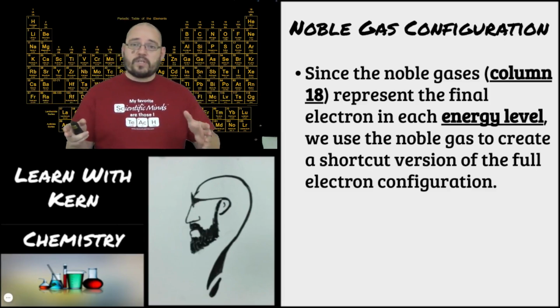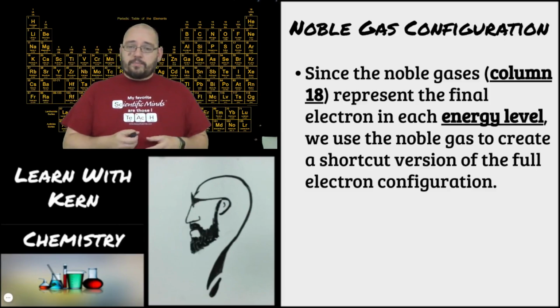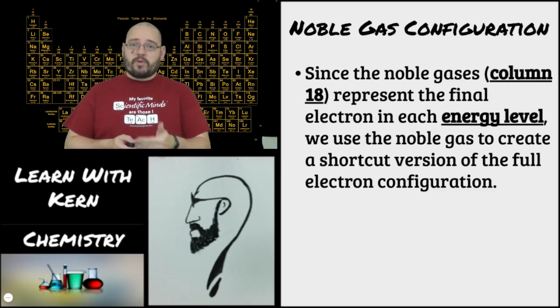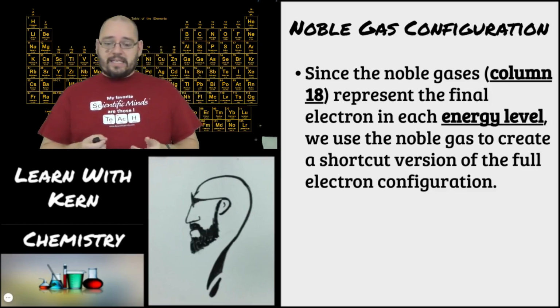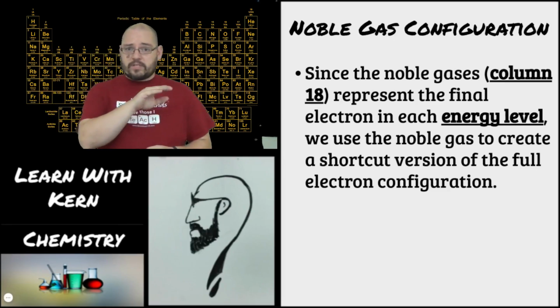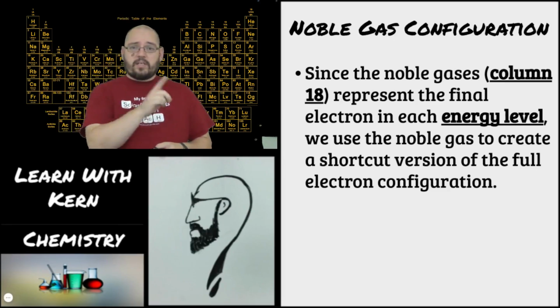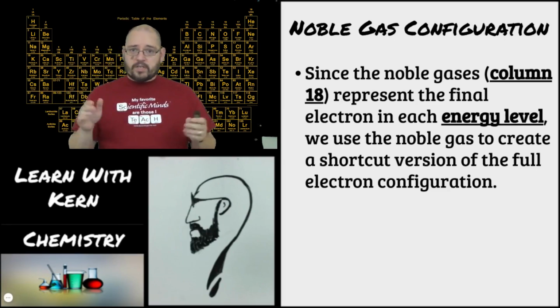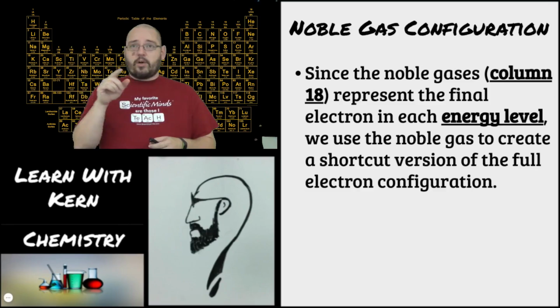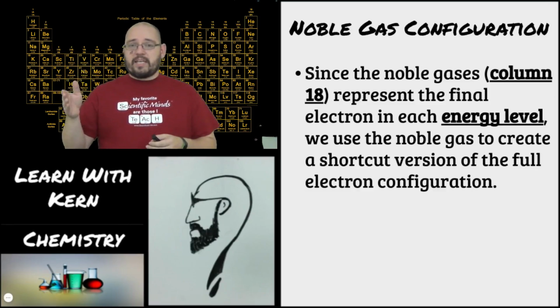So we're going to use a shorthand way, and it uses the noble gases. The noble gases constitute the last column of the periodic table, column 18. As you move across the rows of the periodic table, you get all the way to the end. The noble gases are the last element in a given period.